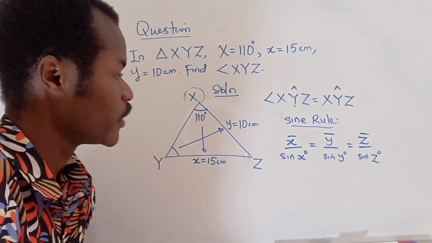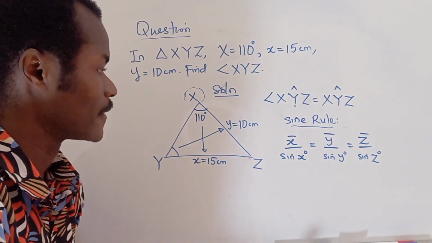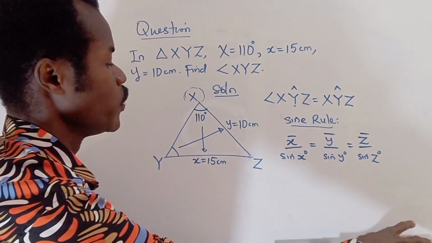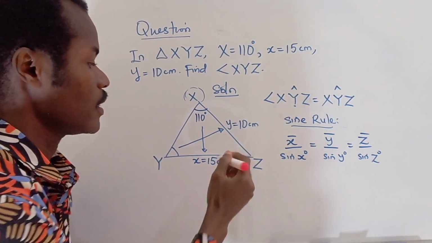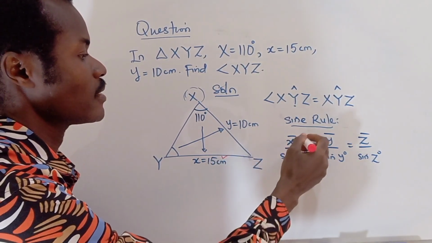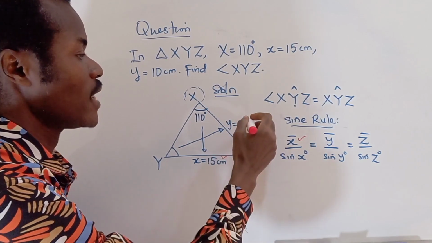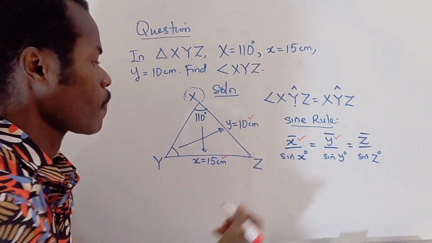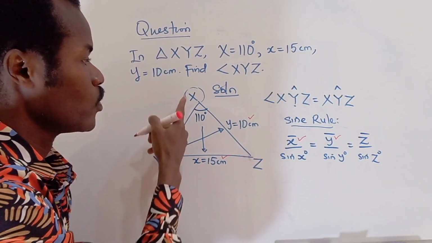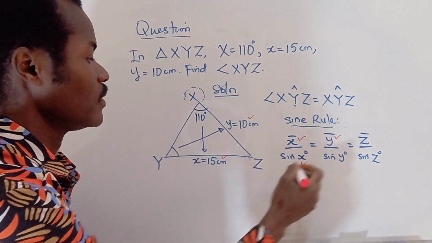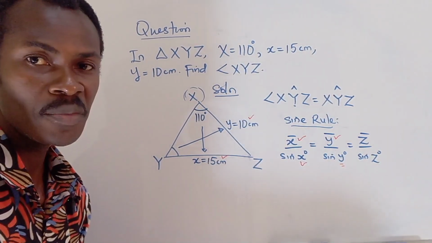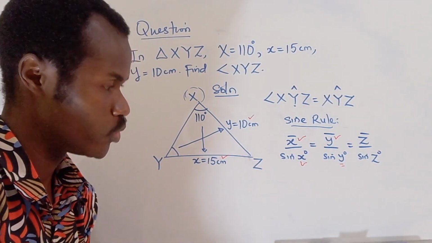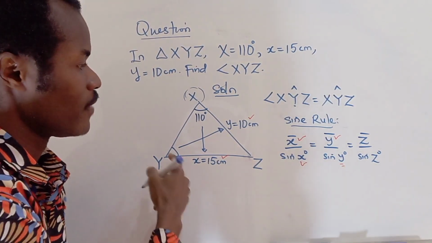So from that expression, we can observe that from the question, length x is given, length y is given, and we also have angle x given. So we are meant to find angle Y.